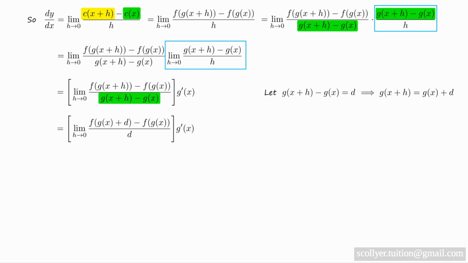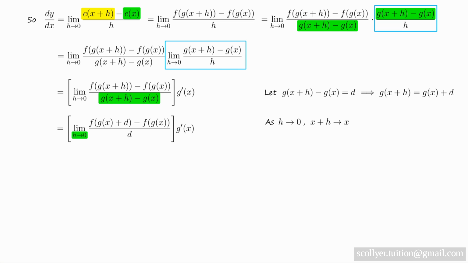And now we note that we have a problem, since we have a limit expressed in terms of h, yet we no longer have an h in the expression. So we have to rewrite the limit in terms of d. And that means we have to figure out what d does as h tends to 0.